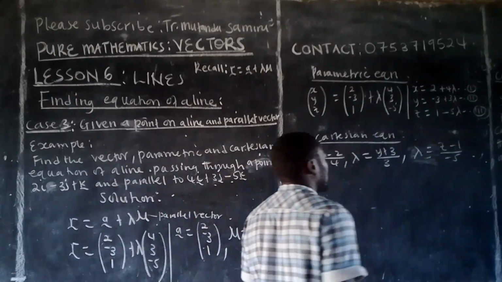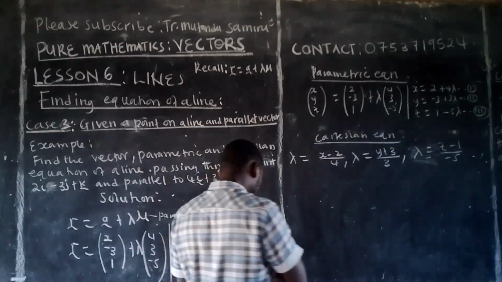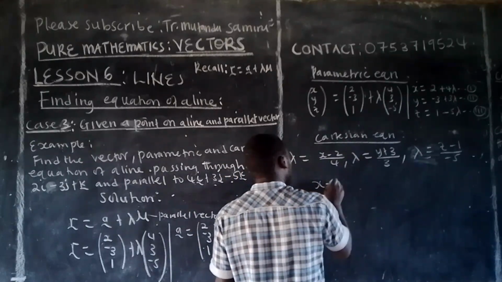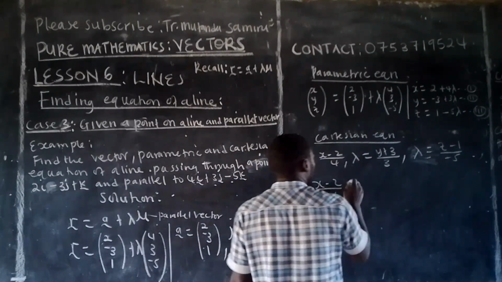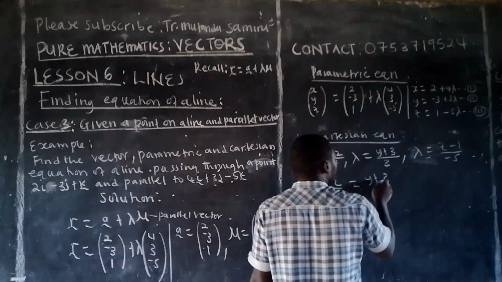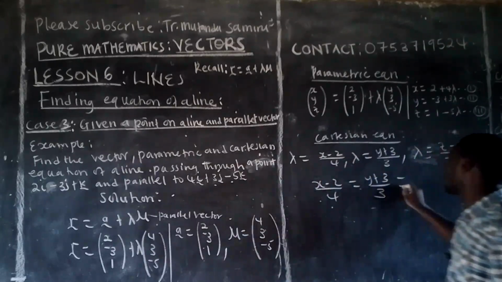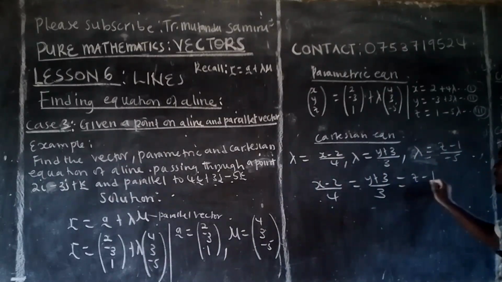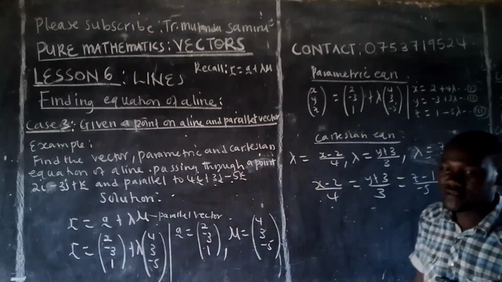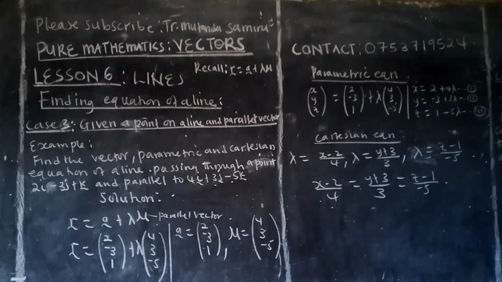Now to get the Cartesian equation, you simply equate. So x minus 2 over 4 is equal to y plus 3 over 3, and is also equal to z minus 1 over negative 5. That's now our Cartesian equation.